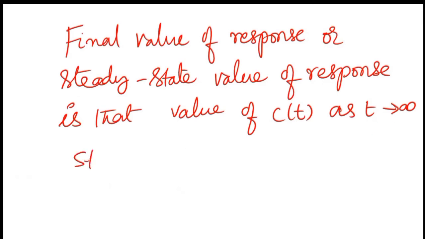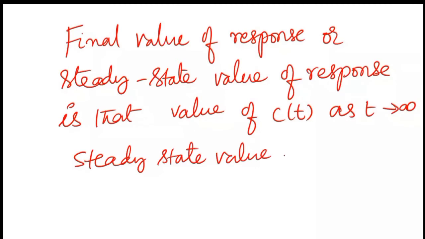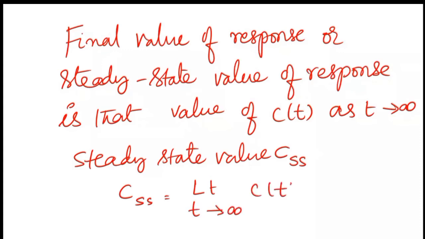The steady state value is represented with c_ss. c_ss is equal to the limit as t tends to infinity of c(t). This value is known as the steady state value.